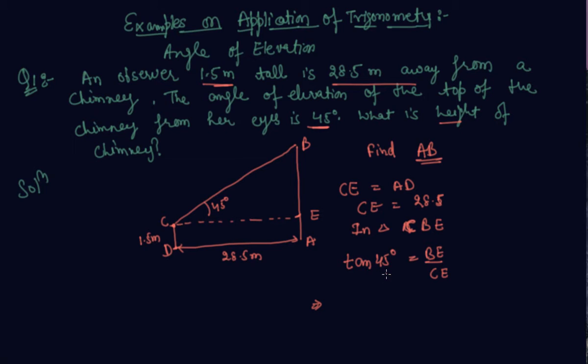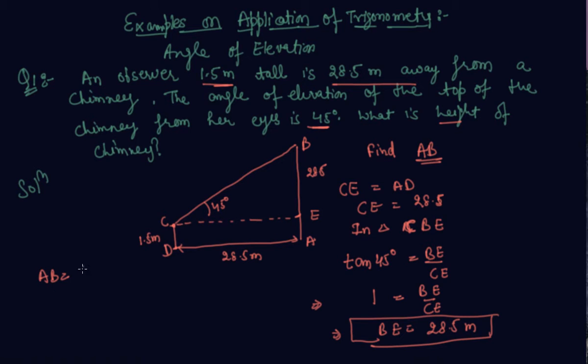So what is the value of tan 45, students? It is 1. So BE by CE equals 1, and we know the value of CE. So BE is equal to 28.5 meter, which is the value of CE.